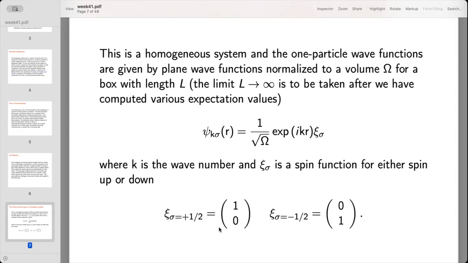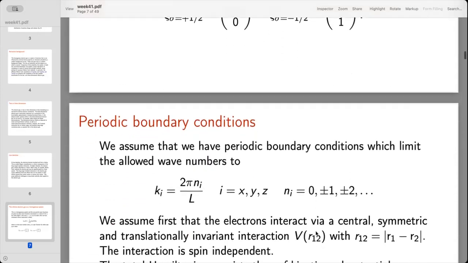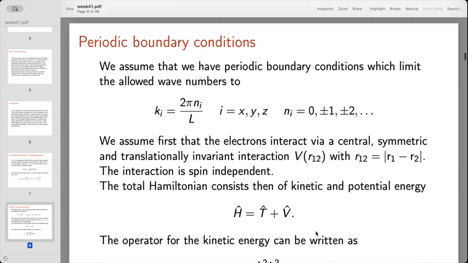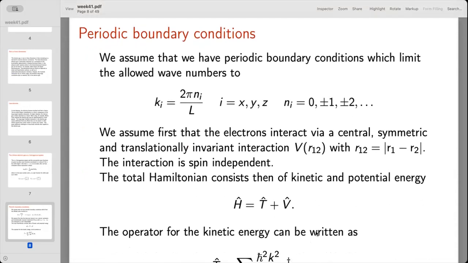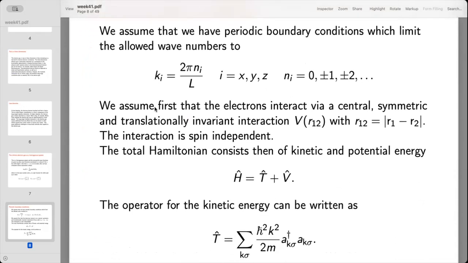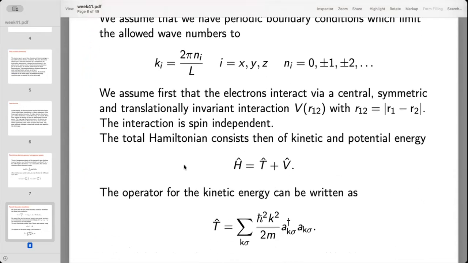And the spin part is given by the standard spinors, which you should be pretty familiar with, where we have a spin up state and a spin down state. Now, the kinetic energy does not depend on spin, and the interaction between the electrons does not depend on spin. So these are the quantities which we are going to look at now. We are going to assume periodic boundary conditions, and that puts a limit on these momenta k. And we are going now to show what the kinetic energy looks like and what the potential energy looks like.